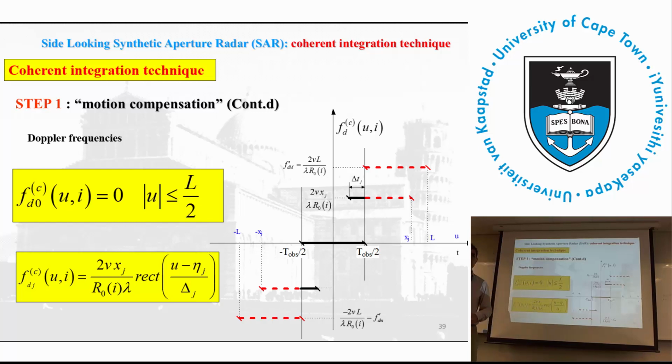So a scatterer that sits, say, 10 meters away from point 0 will generate a given Doppler frequency. Another scatterer that sits 20 meters away from point 0 will generate a Doppler frequency double that. So you now have a linear relationship between the position of the scatterer and the Doppler. The existence of these signals, of course, is still limited here. So this signal will only last a little bit, this one only a little bit, and so forth.